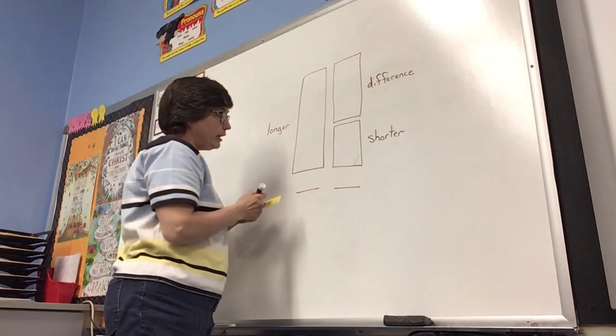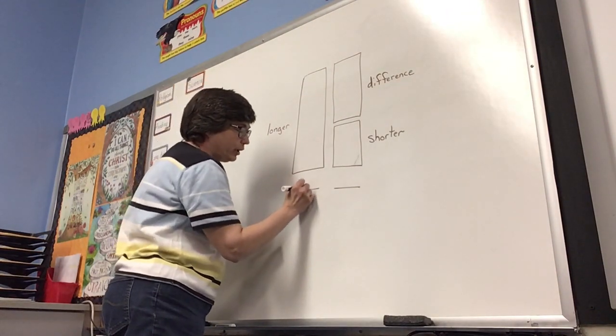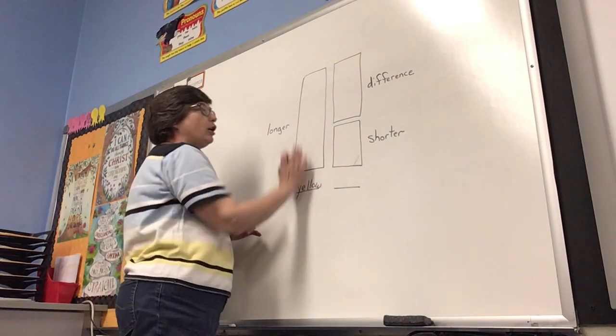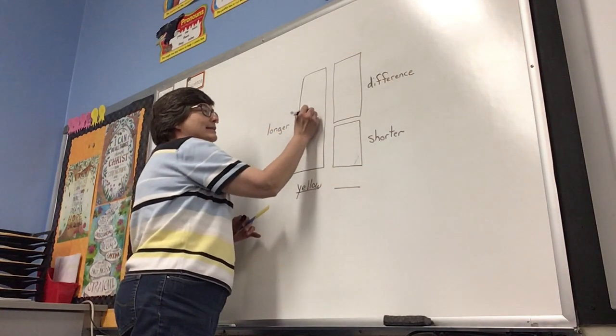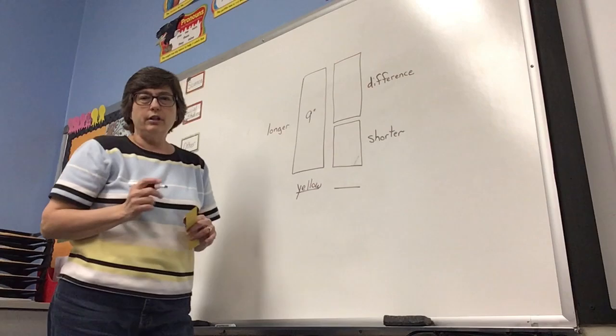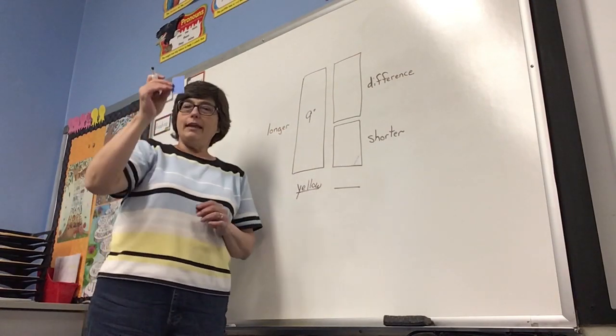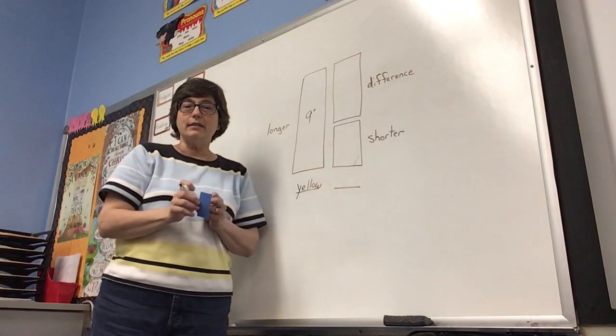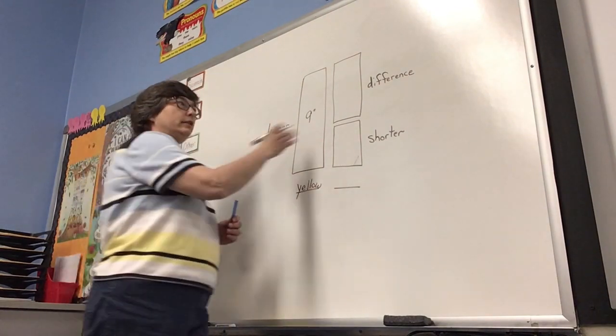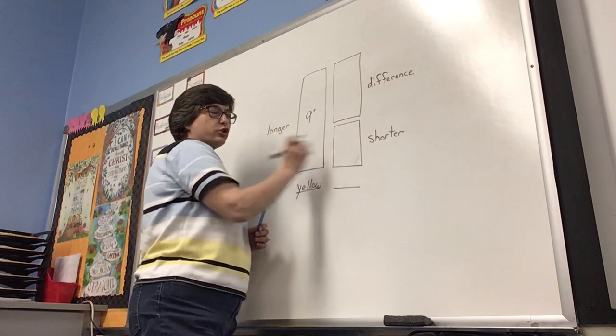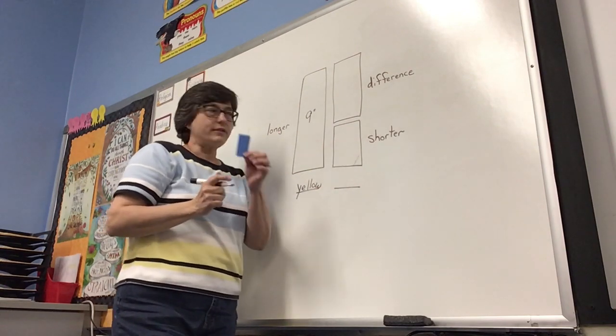We're going to write the word yellow on the bottom so that we know this is the yellow one, and it is 9 inches long. So I'm going to write that in there to kind of help me remember. Okay, then I have this one. That is the blue one, and is it the difference, or is it the shorter piece? Yeah, it's the shorter piece.